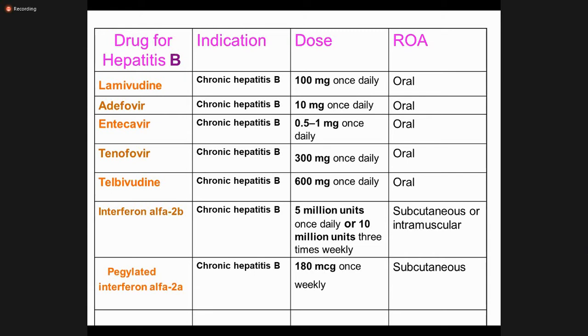The dose is 180 microgram once weekly, and the route of administration is subcutaneous. So pegylated interferon is given subcutaneously, whereas simple interferon alpha can be given either subcutaneously or by the intramuscular route.